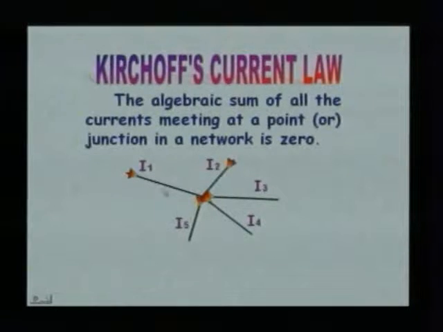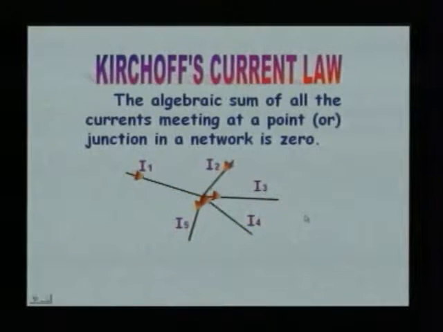As we said earlier, we have to bother about the current directions. If it is towards the junction, it has to be taken positive. If it is away from the junction, it has to be taken negative. If we observe the currents, they come and they leave. The currents flowing towards the junction should be taken as positive and the leaving must be taken as negative.